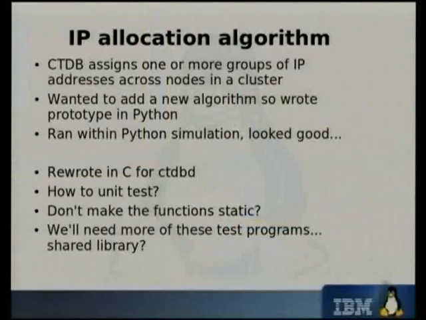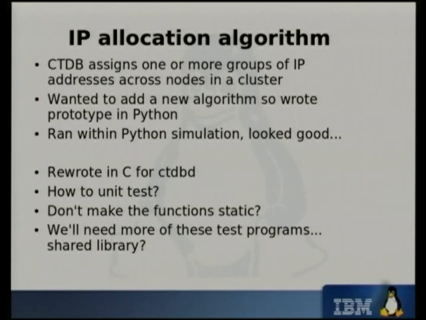How can we use this Python simulator to exercise the code that sits inside the daemon that is written in C, so that we can also run this failover simulator, run 10 million failovers on the genuine code? So you end up with a decision about, you've got a static function in a C file, in a whole lot of code. How do you test it?